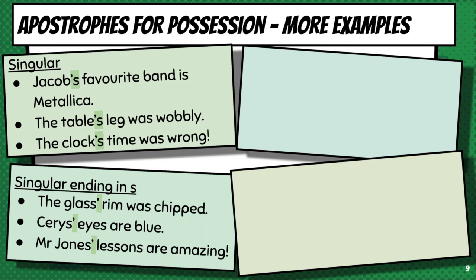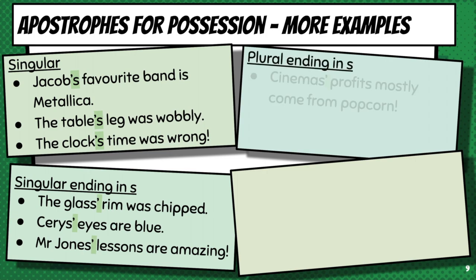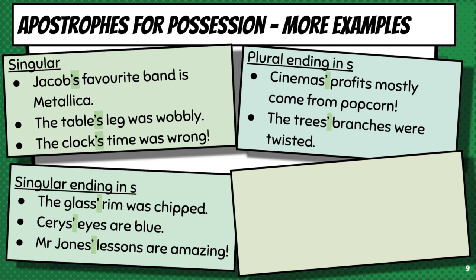So plurals, cinema's profits mostly come from popcorn. Apparently that's true. The tree's branches were twisted. Now in this case, it's a good example to show you how apostrophes can actually clarify whether you're talking about one thing or more than one thing.